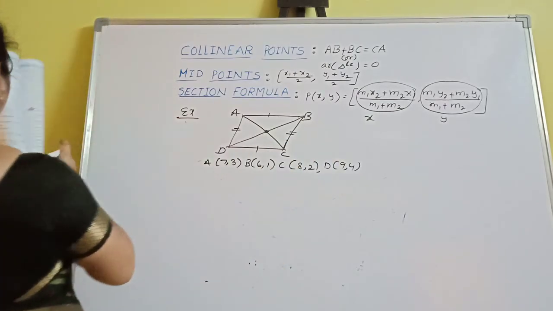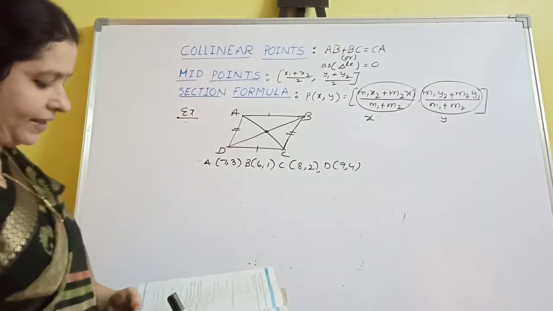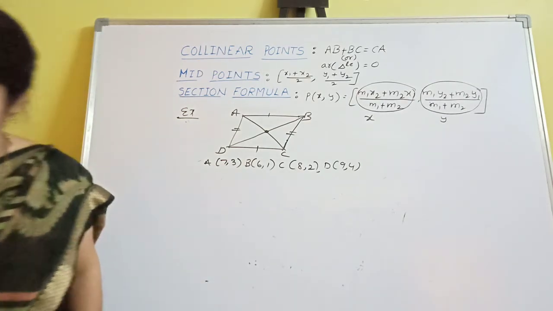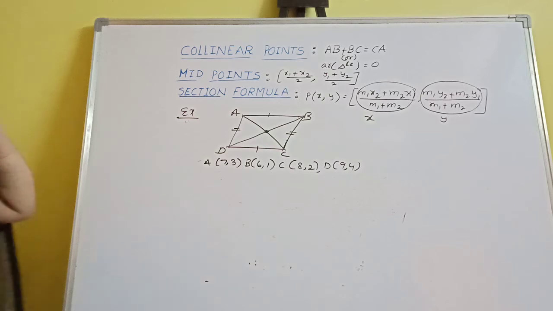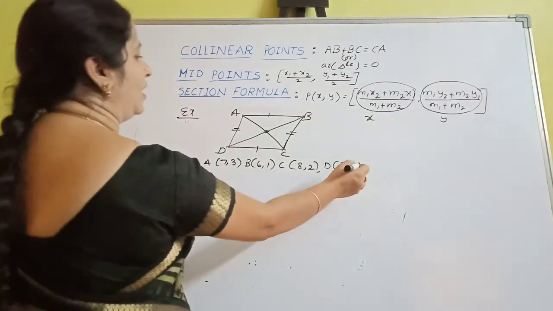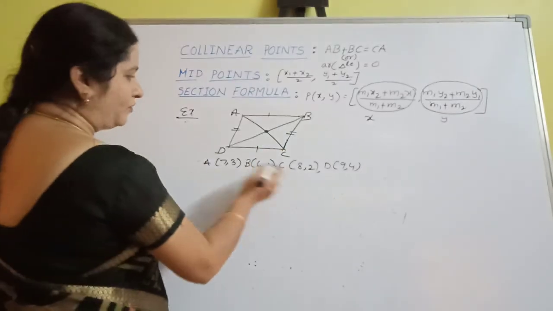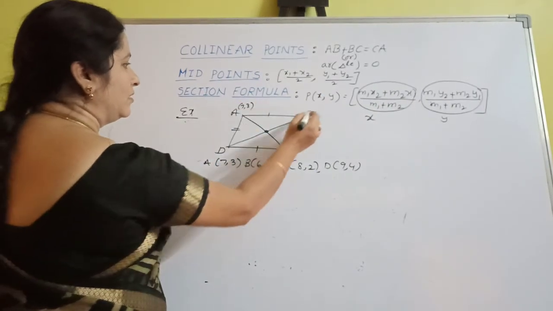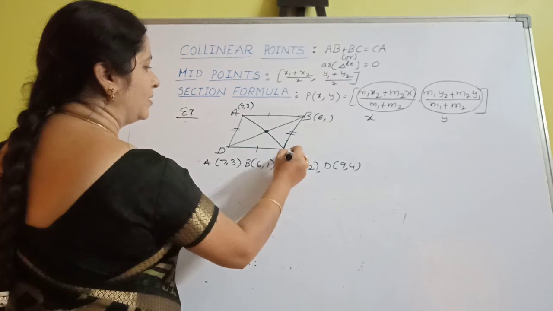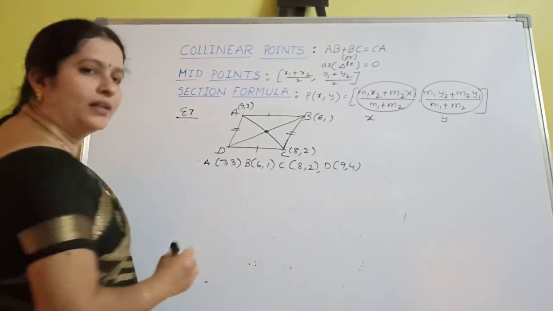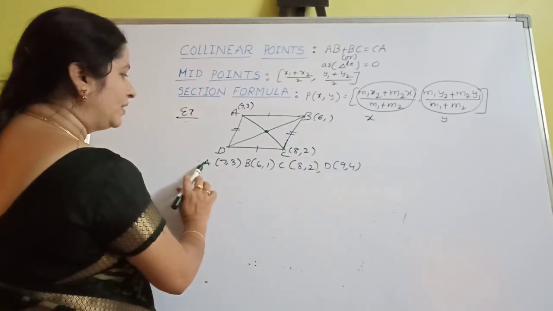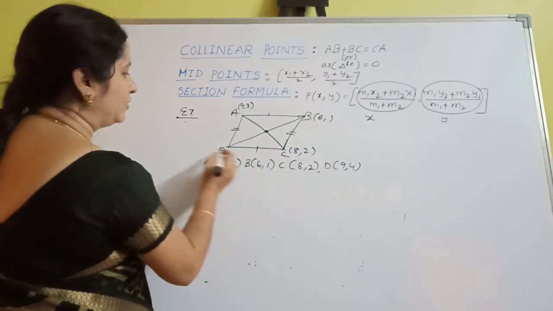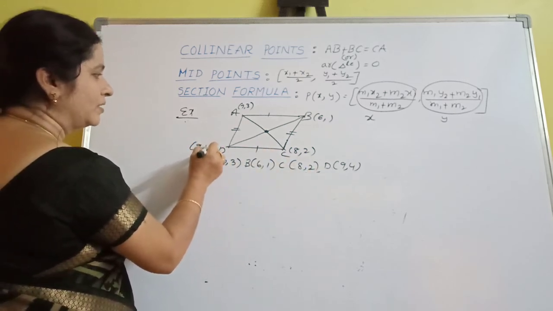Show that these 4 points taken in that order are the vertices of a parallelogram. So first you have to substitute the values 7, 3, 6, 1, taken in order. The order is always A, B, C, D like that.